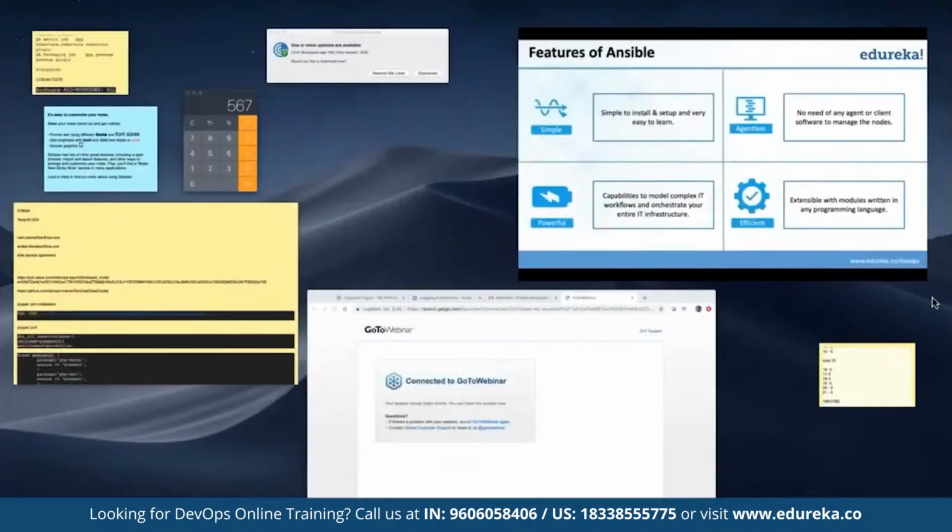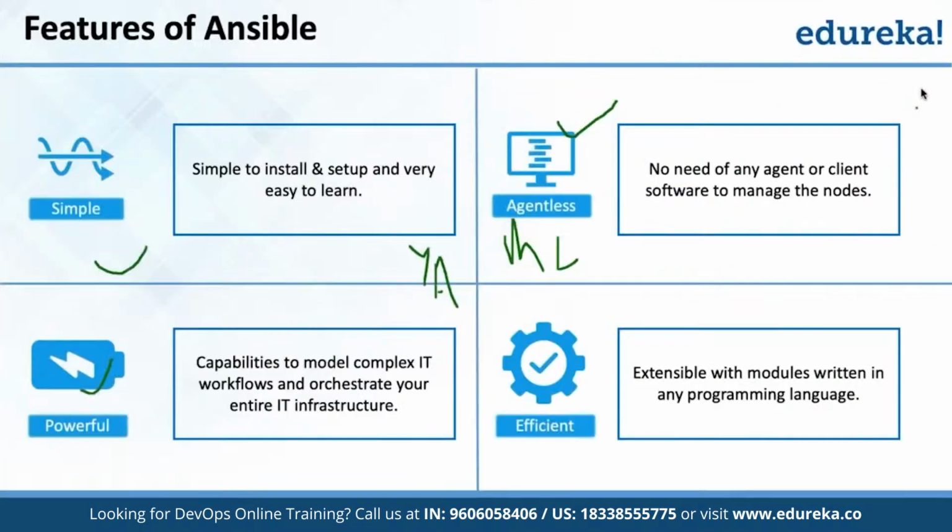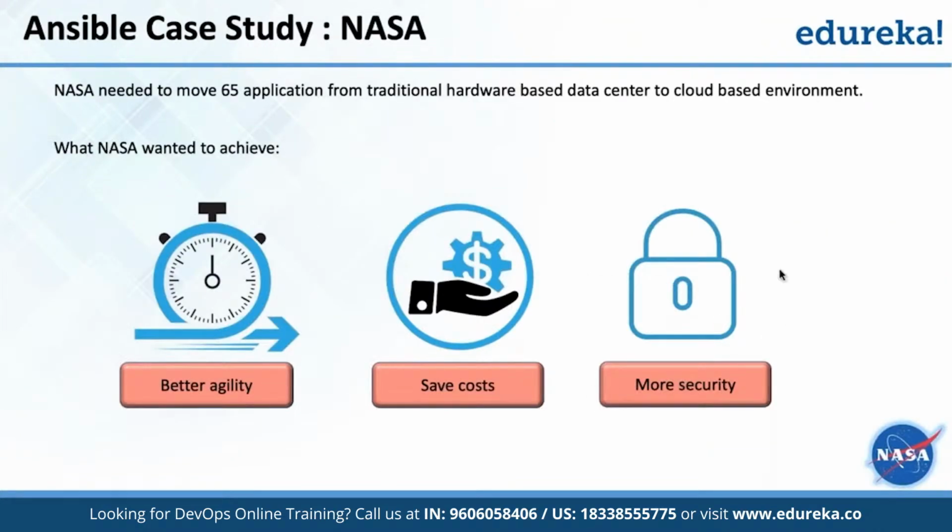So guys, this was in brief about Ansible. Let's talk about a case study of how organizations using Ansible are saving time and making their life easy. NASA, the National Aeronautics and Space Administration, the US space agency, wanted to move 65 applications from traditional hardware servers to a cloud-based environment.